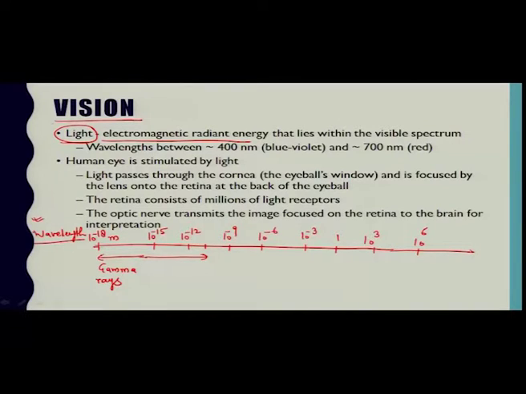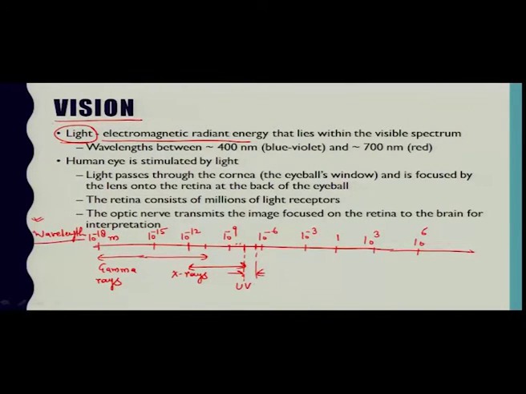The other kind of ray is X-ray, which can be characterized by a wavelength of 10 to the power minus 12 to, let us say, 10 to the power minus 7. This is the range of X-rays, and then UV light gives you around 10 to the power minus 8 to 10 to the power minus 7.